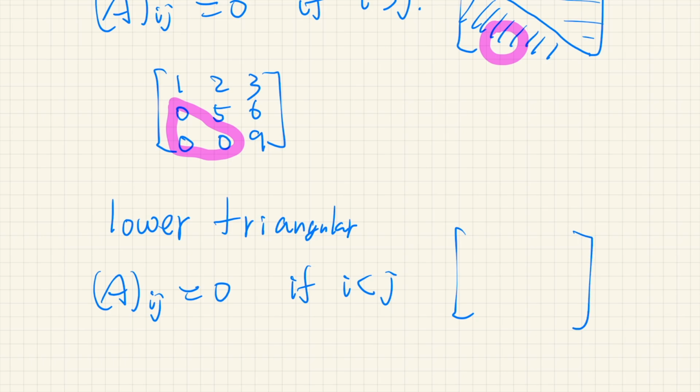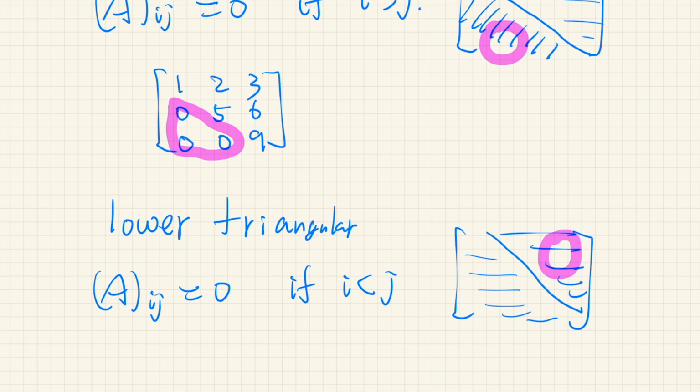That means all the elements above the diagonal are 0, and the elements on the diagonal or below the diagonal may contain some non-zero elements. And you can say a matrix is a lower triangular matrix if its transpose is an upper triangular matrix.